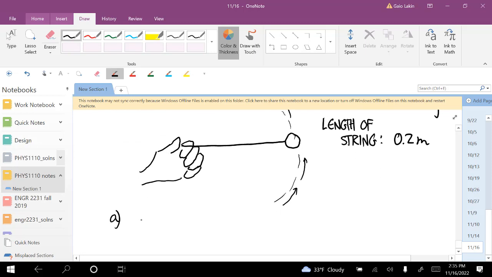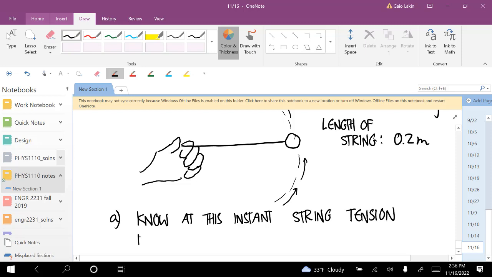First, let's say that we have some sensor attached to the string, and let's say that we know at this instant the string tension is 80 newtons.